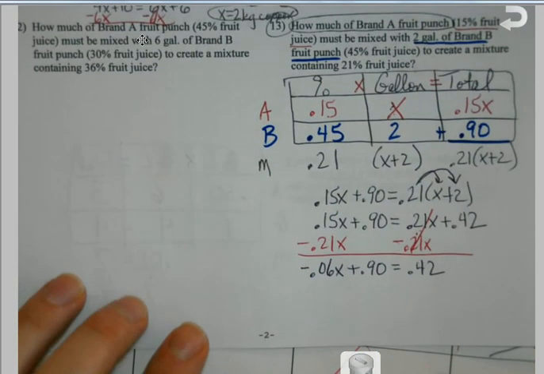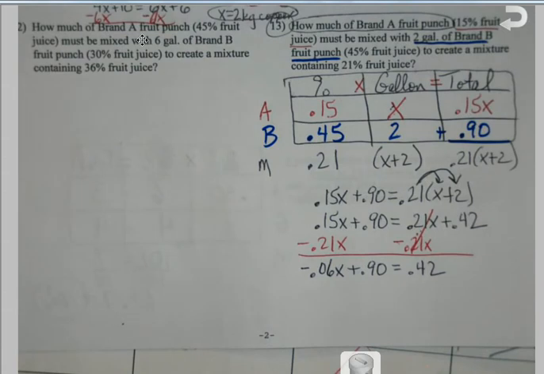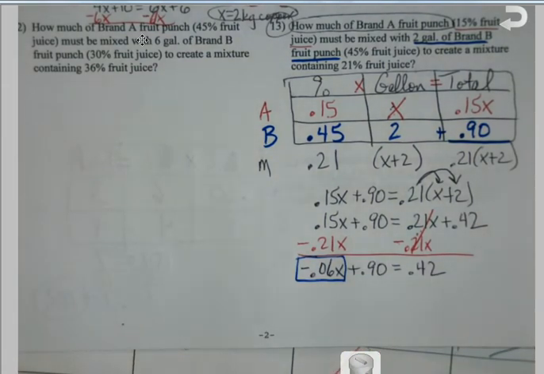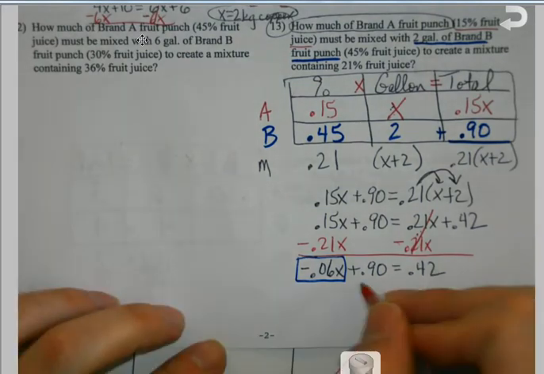Now all my x's are together. That's a good thing. Now my goal becomes to get this alone. So how do we say adios to 0.90? Minus the 0.90. All right.